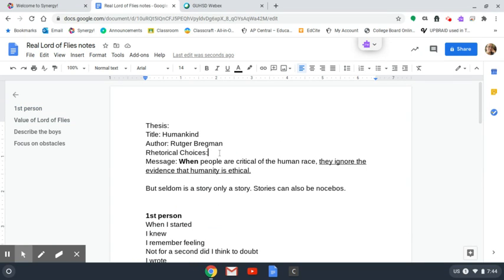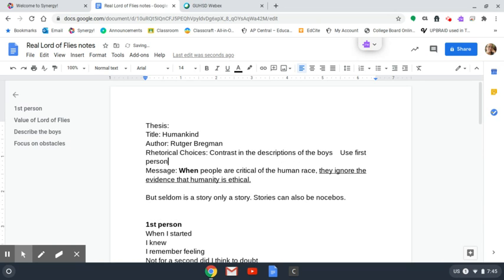So one choice really is contrast in the descriptions, but of course, my other choice is his choice to use first person. Which of those two is stronger? Definitely this one.